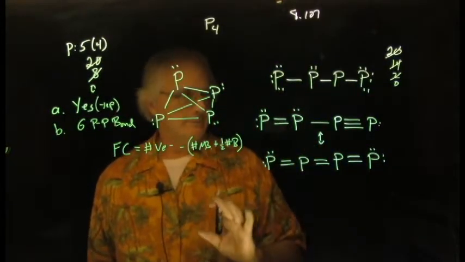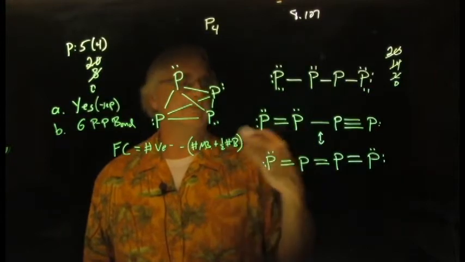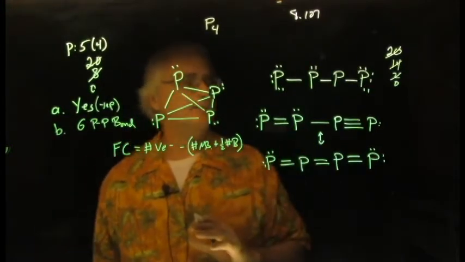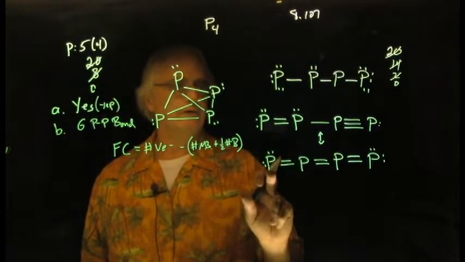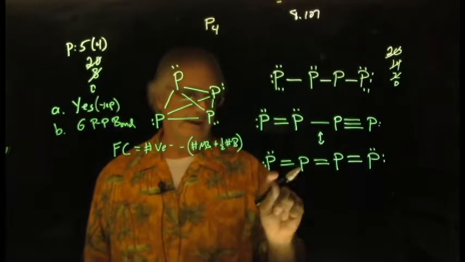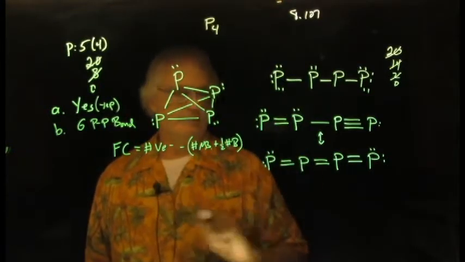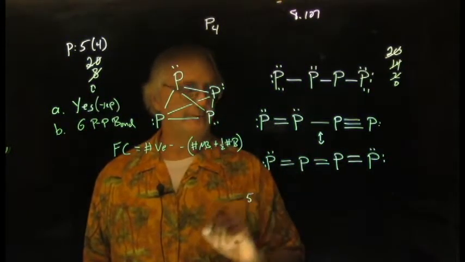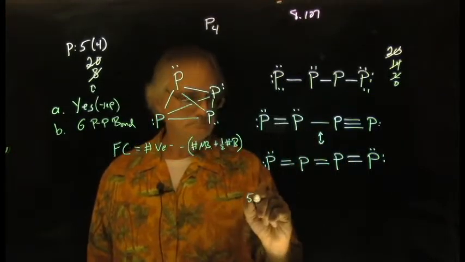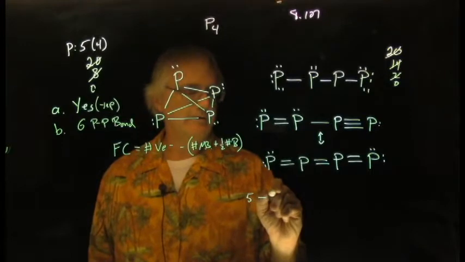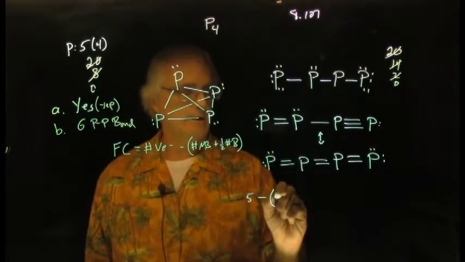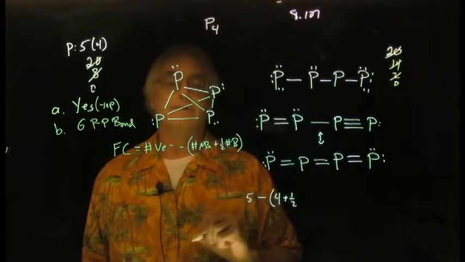There's no need for me to laboriously record myself putting the formal charges on all of these. There's a lot of them that are going to repeat. But I am going to go ahead and do this one and then one of these over here. So for this particular phosphorus down here, the number of valence electrons is 5. That's going to be pretty standard for all of these. 5 valence electrons minus the sum of the non-bonded electrons in here, 1, 2, 3, 4, plus half the number of bonded electrons.